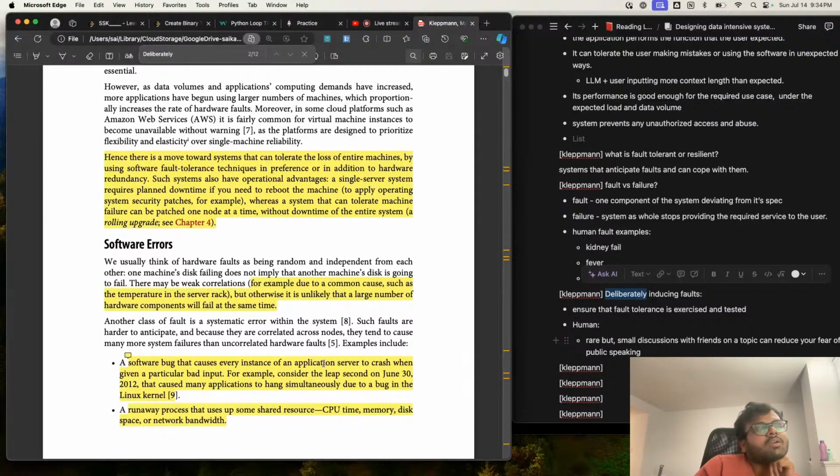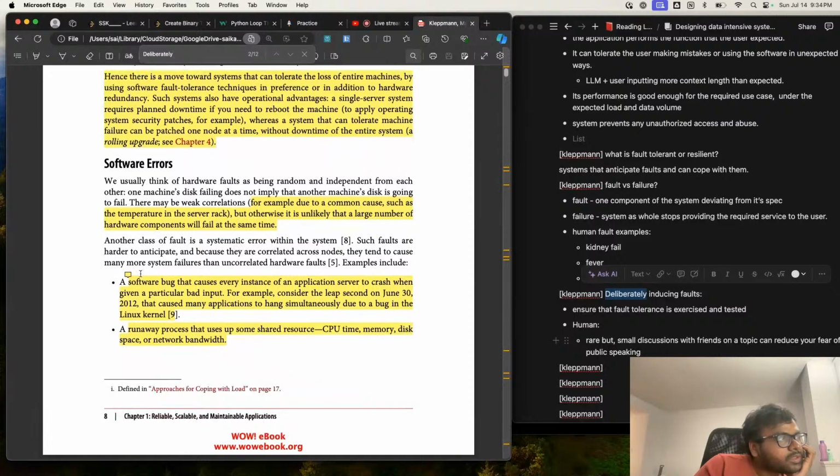Similarly, let's say I write code which cleans out the database every day.